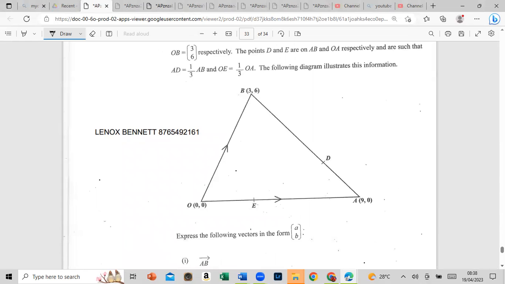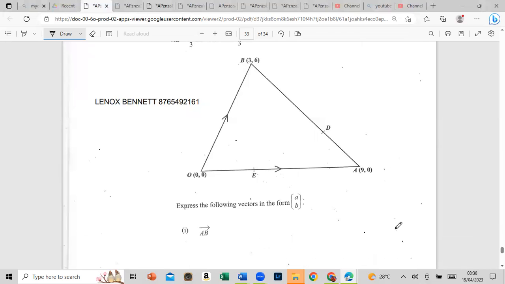It says express the following vectors in the form of a column vector. So they want you to do the column form. They ask for the vector AB, from A to B. To get from A to B, we say OB, which is the last, so you just look at the order.